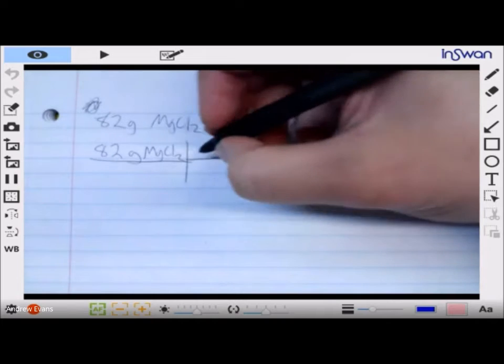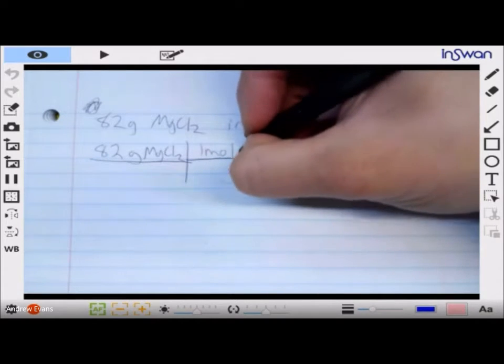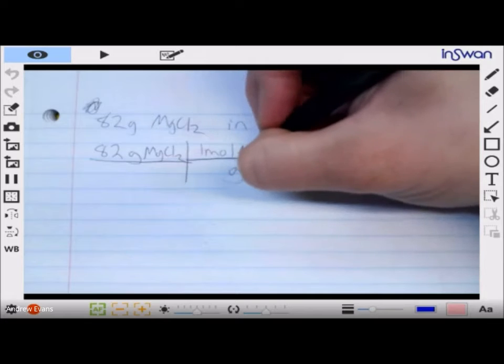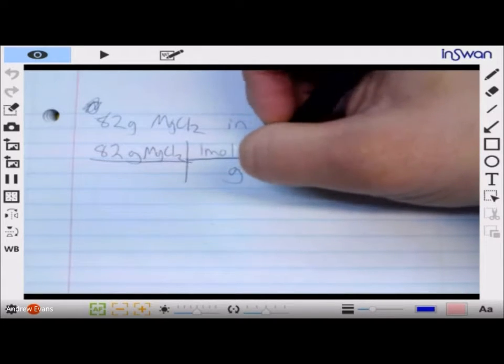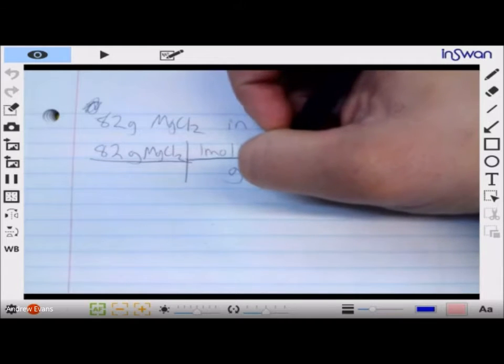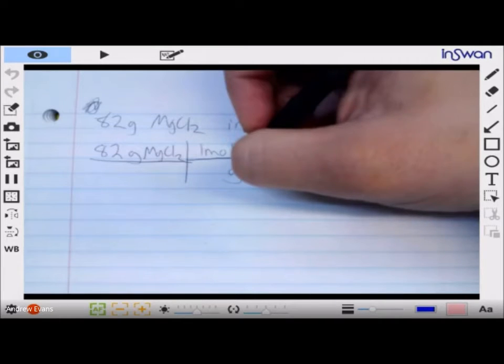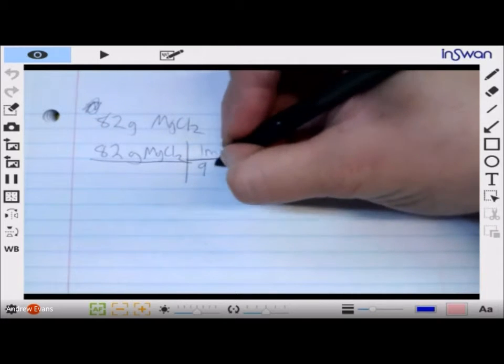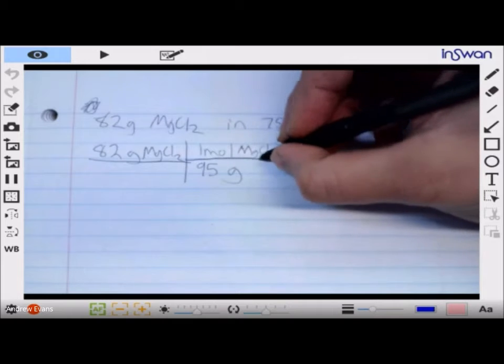What is the molar mass? Well, as I said, magnesium is about 24. Chlorine is about 35.5, so 2 chlorines puts about 71. So 71 plus 24 is about 95. I'm just rounding to get us closer.